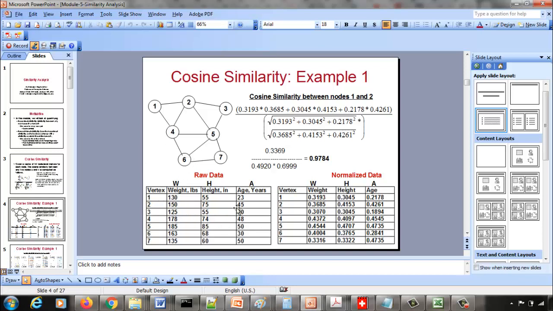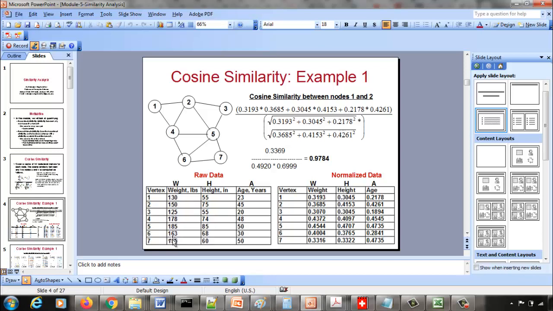What we are given is first the raw data, and what we need to first do is normalize this. We'll use the square root of the sum of the squares approach to normalize the raw data. That means we will square all these values, sum those squares, and then take the square root of the sum of the squares of these numbers.